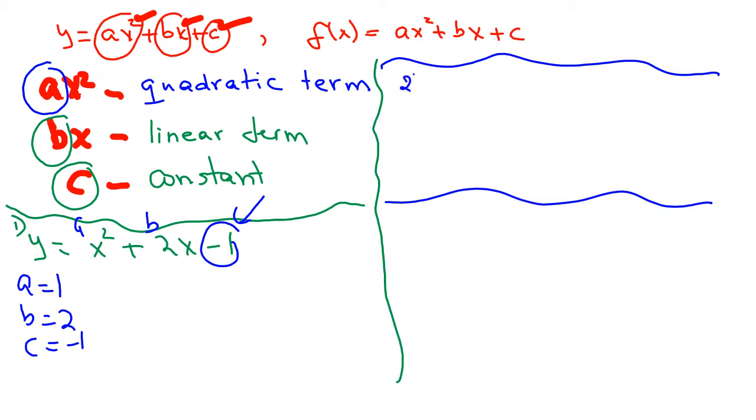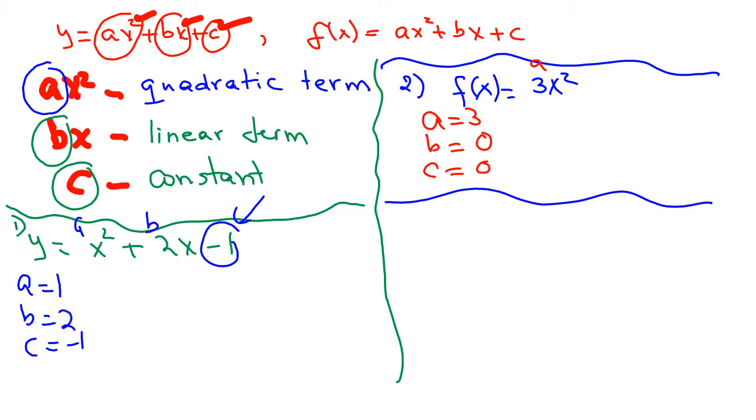Let's go with another example. If I have a function such as f of x equals, let's say, 3x squared, now I have that this is my a. A is equal to 3. That's the coefficient of my quadratic term, but I don't have a linear term. Or in other words, my linear coefficient is 0, and my constant is 0.